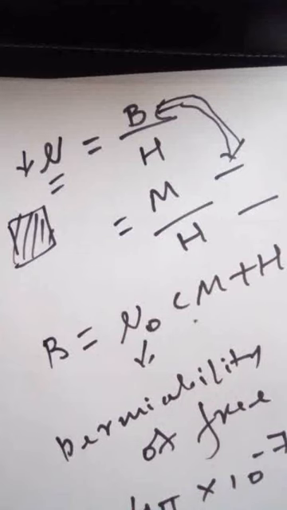Permeability means it is the ability to allow magnetic field lines to pass throughout the material.